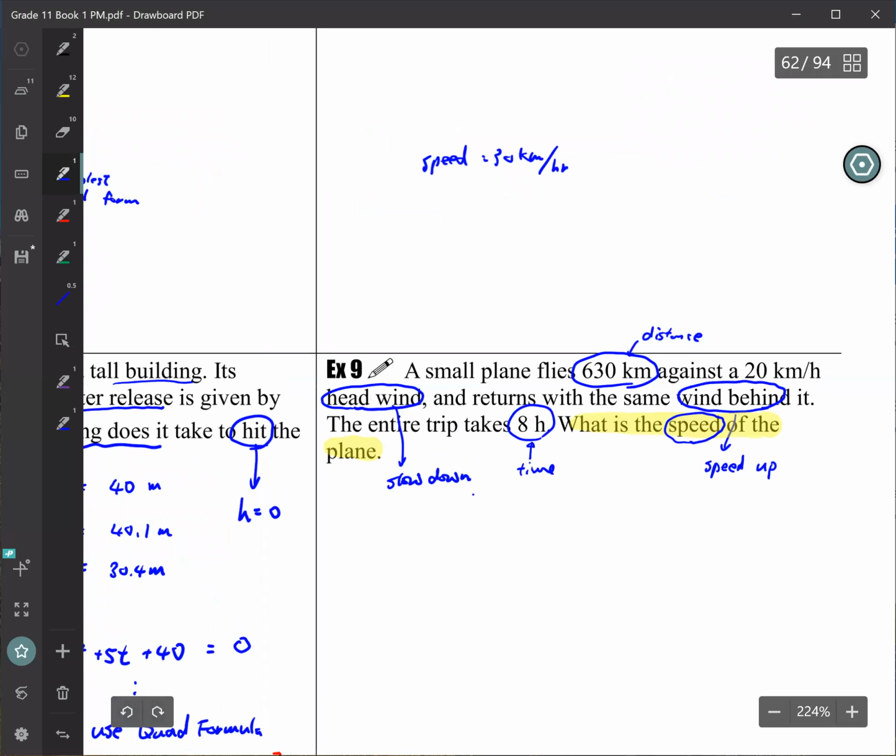That means you can go 30 kilometers every hour. So if you travel for, let's say, 2 hours, then the distance, every hour you can go 30 kilometers. So 2 hours, how far can you go?